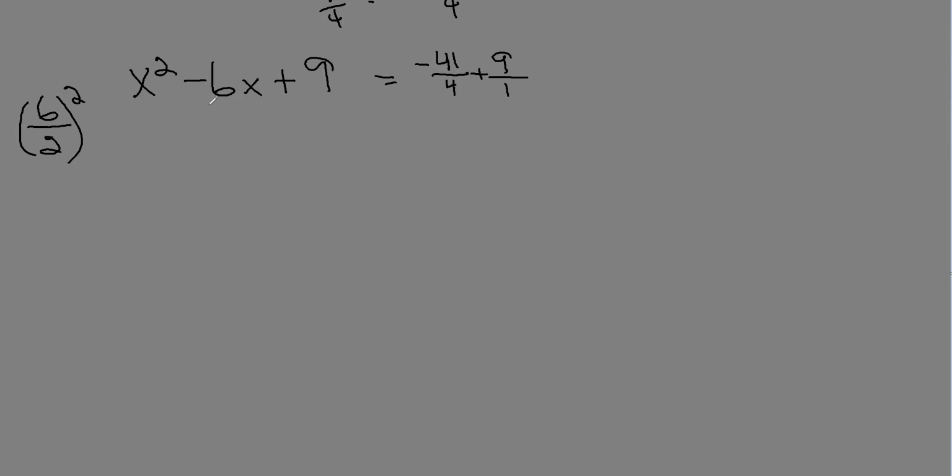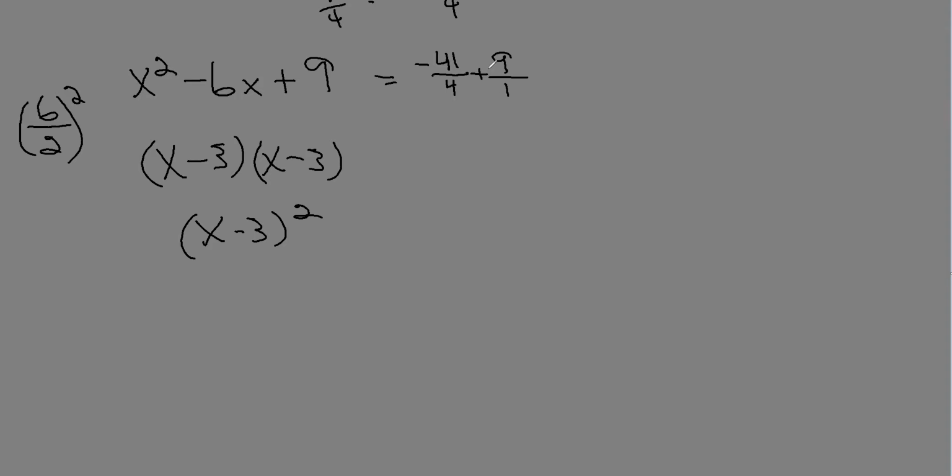My left side is going to be x minus 3 times x minus 3, which is going to be x minus 3 squared.